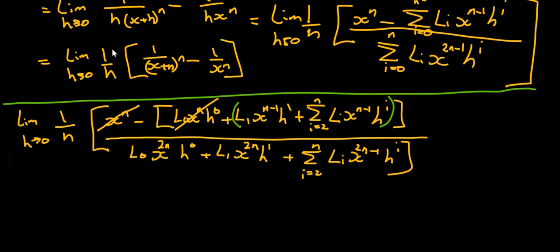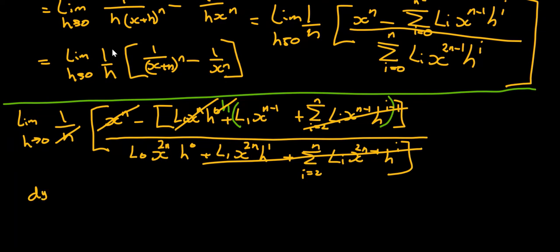We can factorize out the h, so this h goes, and we're just left with i minus 1. That goes, that goes. We're then going to set h equal to 0. Well, if we do that, that goes. There's no h here, that's just 1. All this goes.